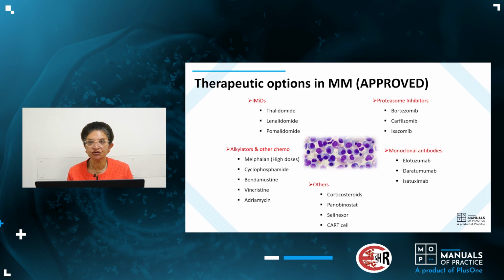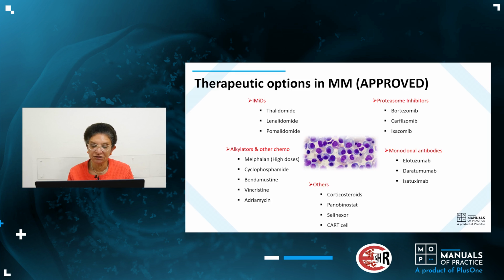They also include proteasome inhibitors, including bortezomib, carfilzomib, or ixazomib. They also include the monoclonal antibodies with elotuzumab, daratumumab, or isatuximab. And they include others, of course the backbone of corticosteroids, but there are others too, very new drugs such as panobinostat, selinexor, or even CAR T-cell therapy.